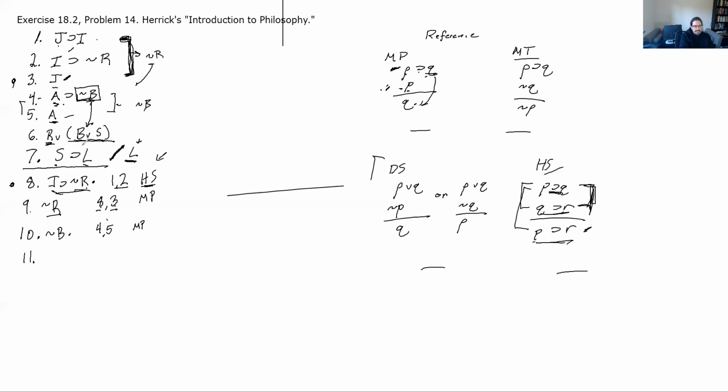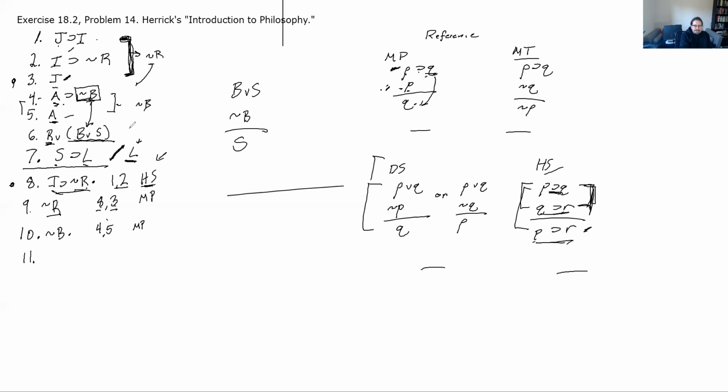Now, again, we can't use not B here. It looks like we're on the cusp of disjunctive syllogism. It says B or S, not B. It feels like we should be able to do this. However, I should note that when we use statements, we have to know that statement is true in order to make any kind of conclusion about it, right?